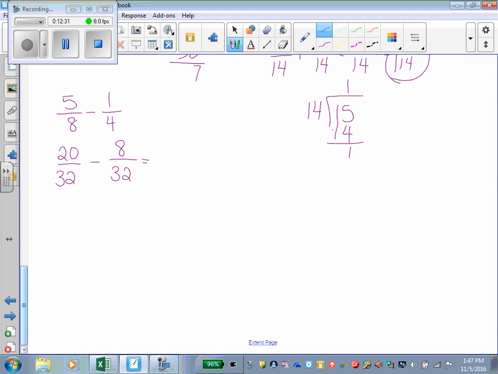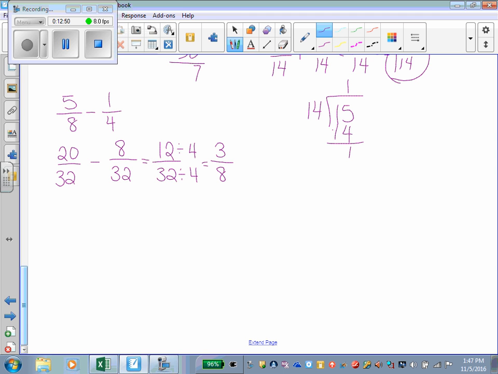And 20 minus 8 is 12 over 32. And then you can simplify by 4. And so 12 divided by 4 is 3, and 32 divided by 4 is 8.